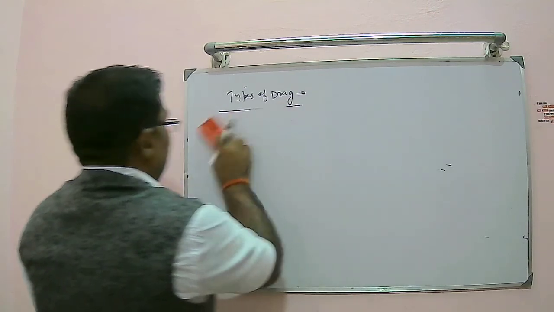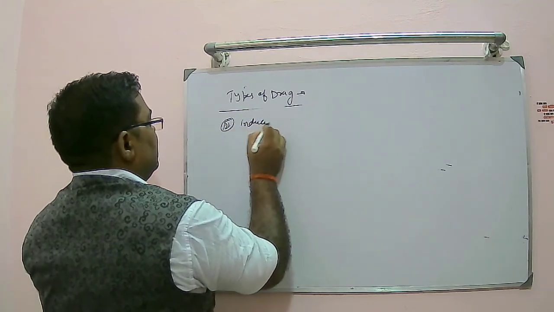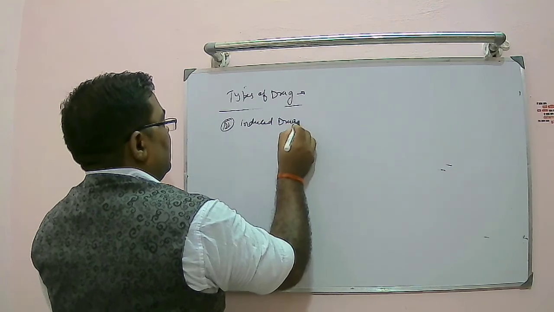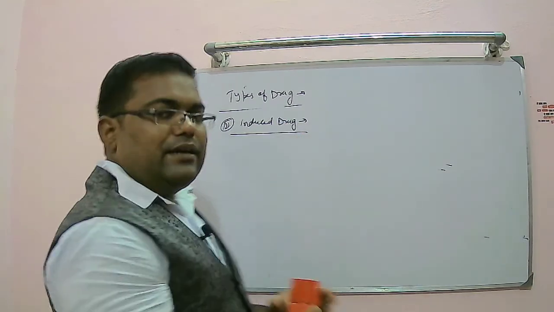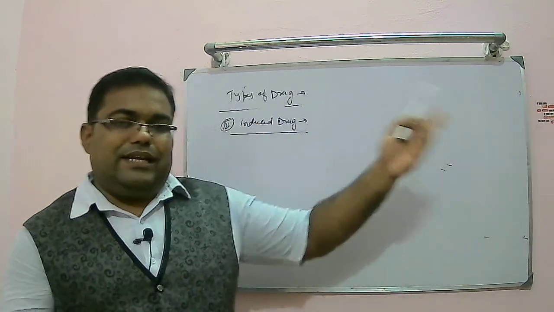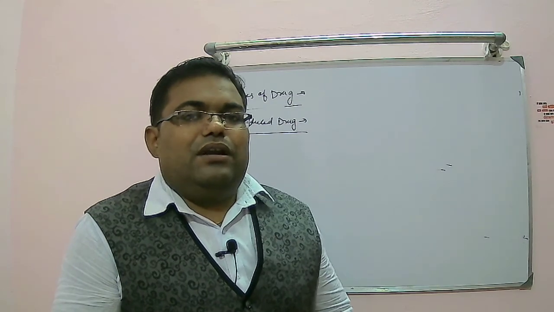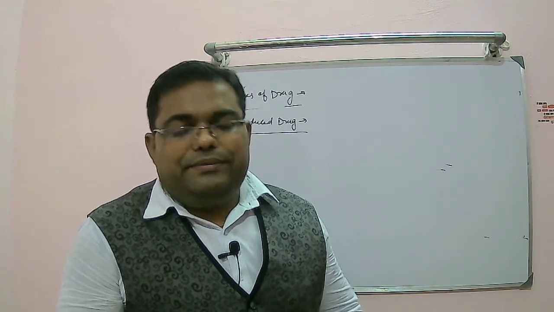Third case is induced drag. This is very, very important, right. Induced drag. So induced drag basically occurs due to the trailing edge vortices, or you can say those wakes which are forming at the back side. Because of that, whatever drag is created, that is called induced drag. So why we say this is induced drag?